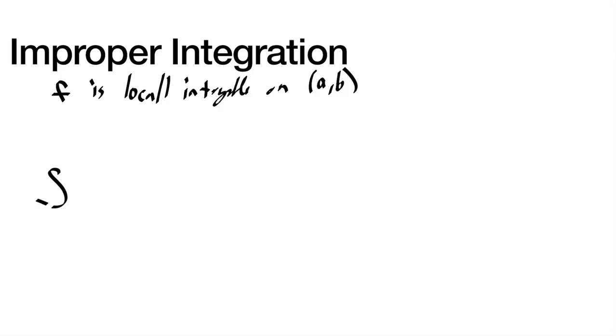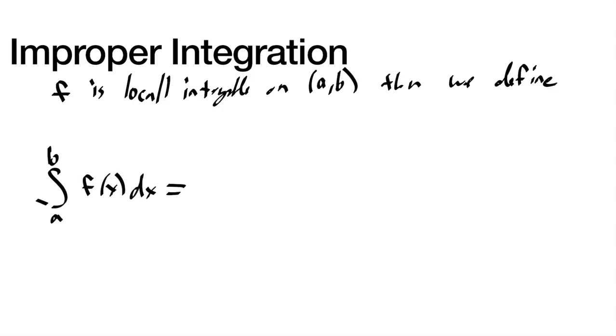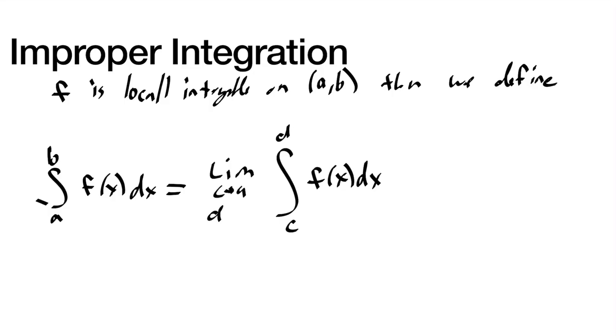So what we say is, on an open interval, if f is locally integrable on a, b, but maybe not integrable on the closed set, then we define the integral from a to b of f of x dx to just be the limit of that c to d that we were talking about, as the c and the d go out. So the limit of the integral from c to d of f of x dx.